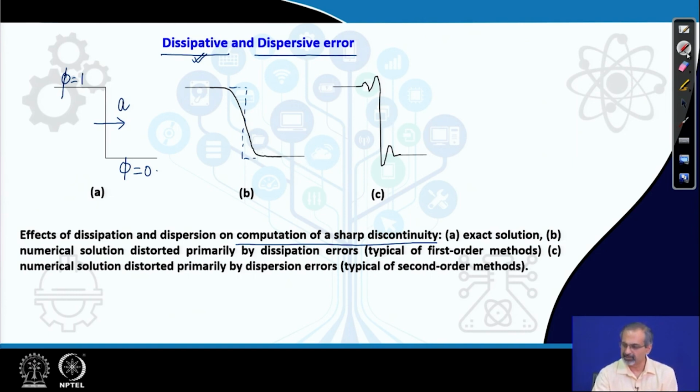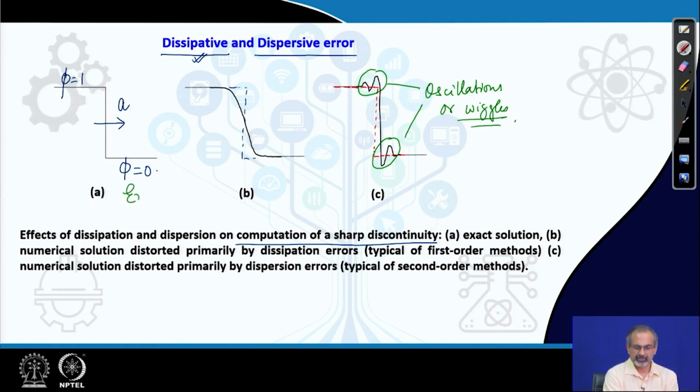If it is a dispersive error, what will happen? The sharp front will be captured fairly sharply, but then there will be oscillations. So, this is what is called dispersive error. We have oscillations, and the oscillations are just around the sharp change, often called wiggles in the solution.